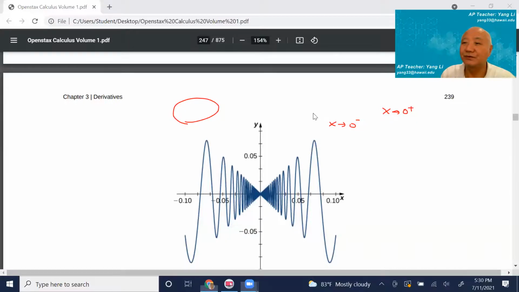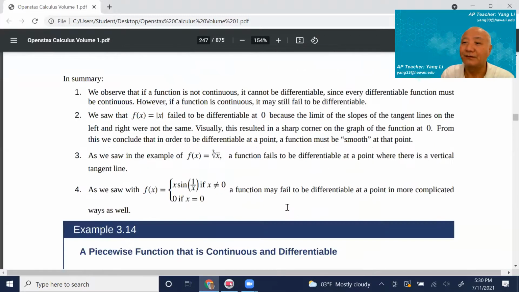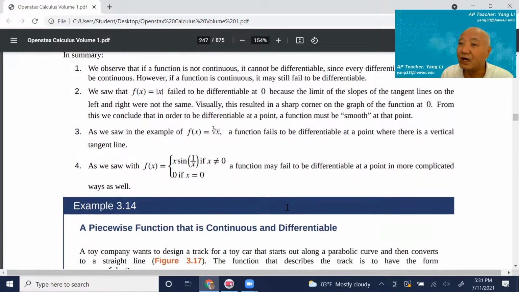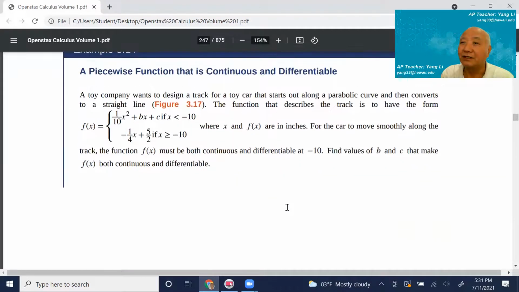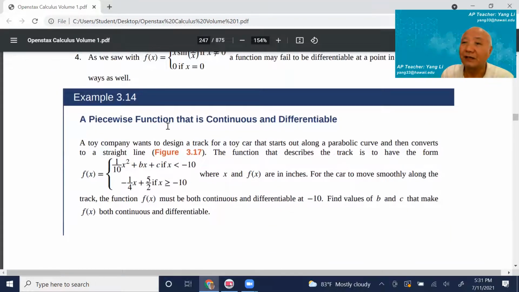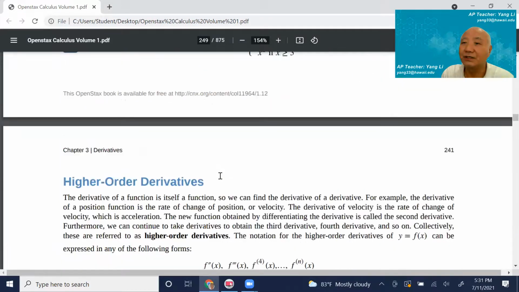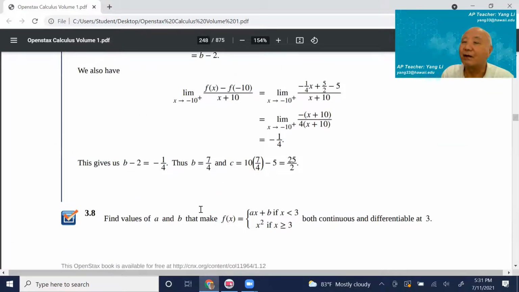We go to here. We can see that the summary is this: a differentiable function is guaranteed to be continuous, but if a function is continuous, we don't know whether it is guaranteed to be differentiable or not. Okay. Now in the following lesson, I will explain example 3.14 and also the checkmark questions.